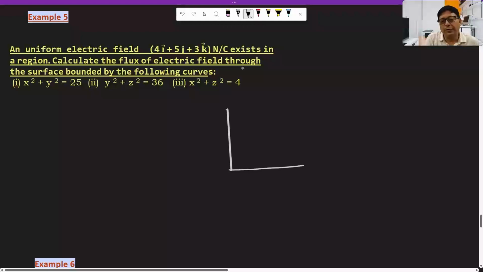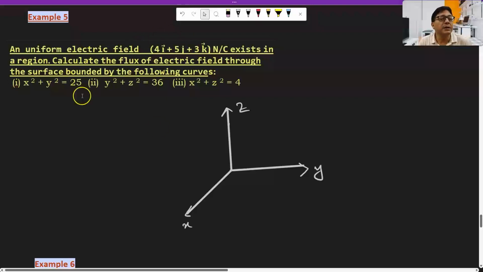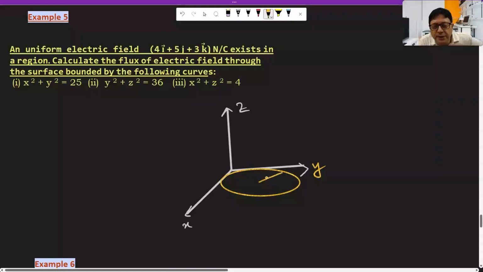So what I am going to do is find the positions of these circles. If I take this one x-axis, y-axis, this one z-axis, then the first circle lies in the xy plane, and the radius of this circle is equal to 5.